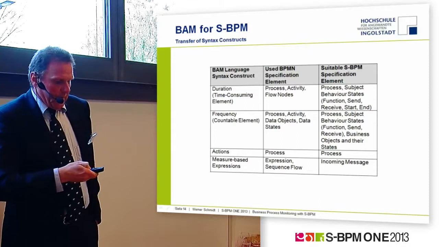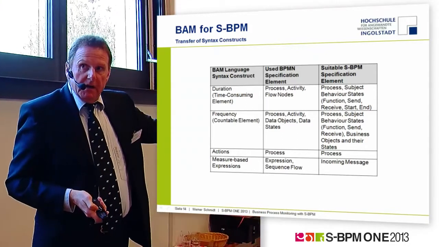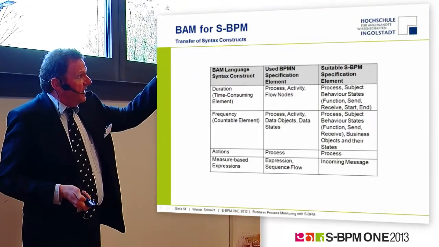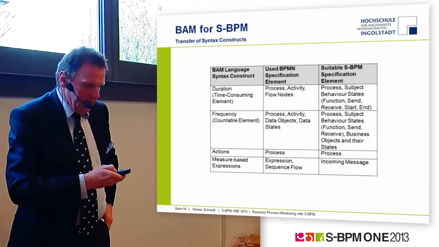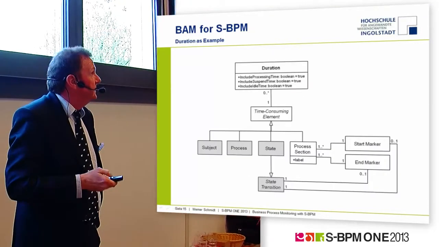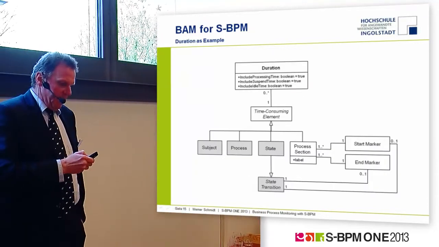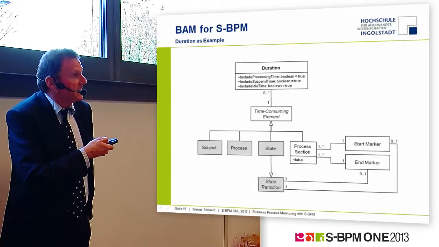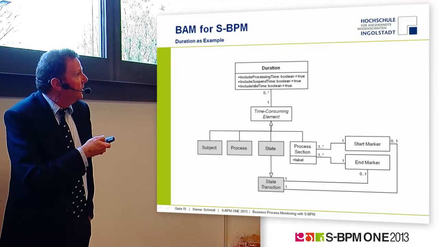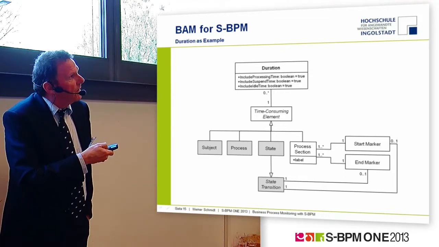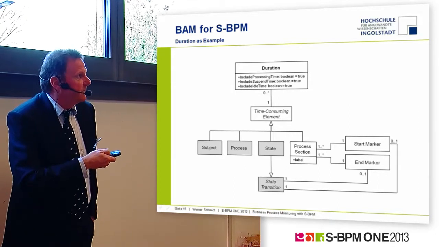So we could easily map the specification elements from BPMN to the ones in S-BPM. As an example again, duration, there's no big difference. We had process and activity in BPMN. We do have process and state, with the state transitions here, also marked by start marker and end marker.